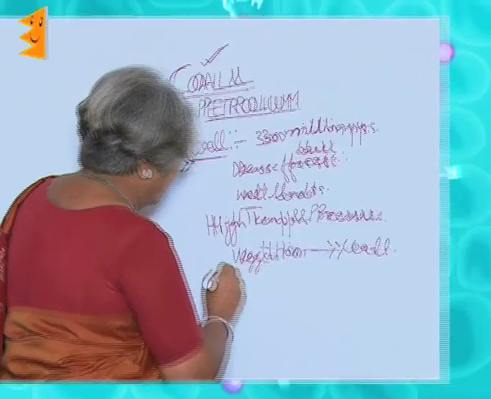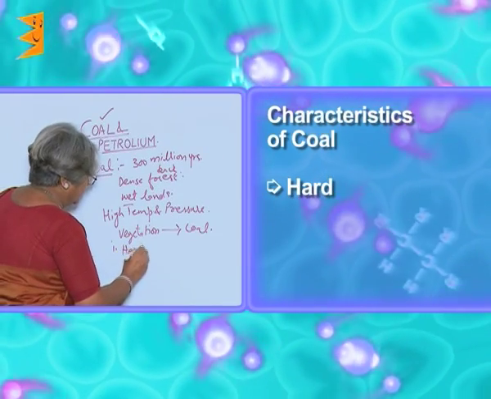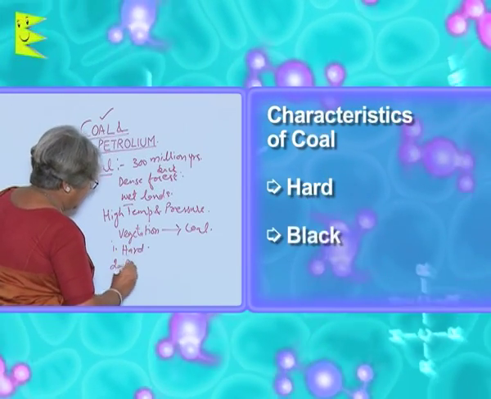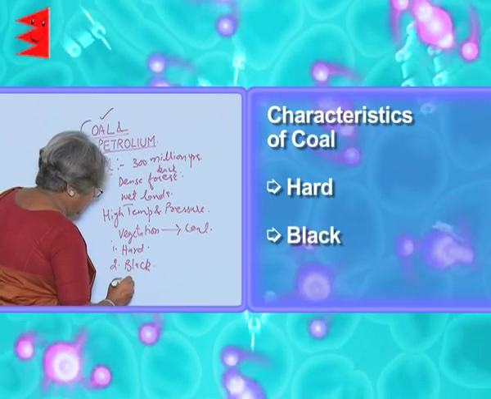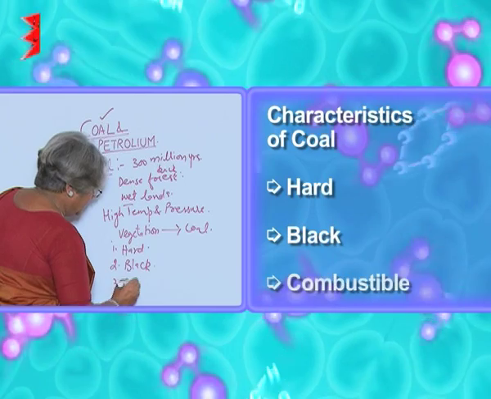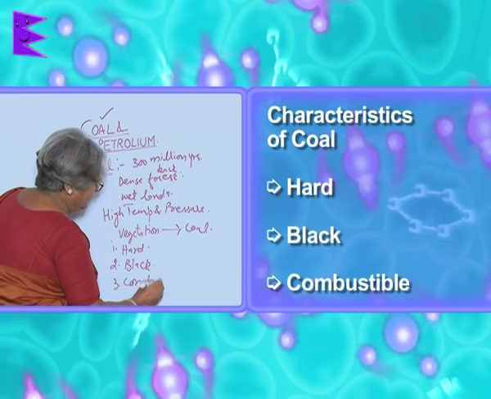Coal is hard, it is black in color and it can burn. So we can say it is combustible.